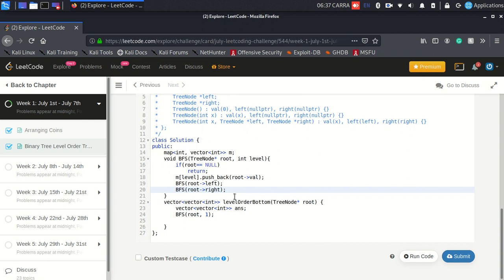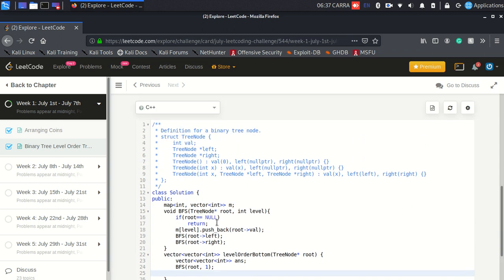So after this, my map is populated. So what I'll do is I'll just have to insert all these vectors that are there in the map into this answer array. Now a map is implemented as a balanced binary tree, a red black tree, and these maps or sets use internal sorting, so they sort the keys, in case of a map, according to their values.